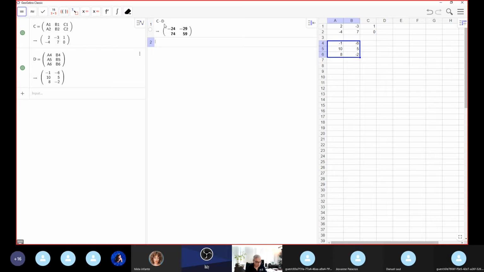Now let's practice the inverse matrix. Suppose we have the original matrix. In this case, I want to type in here 3, 5.